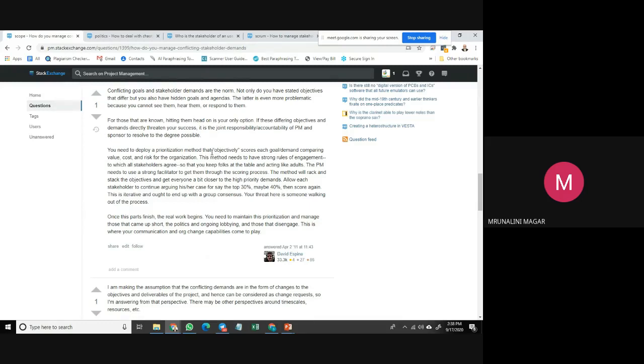When they put it this way, where they have to score each and every goal, comparing its value, cost, and risk for the organization, maybe the stakeholders will get to a point where they understand this goal is more beneficial and come to a conclusion.